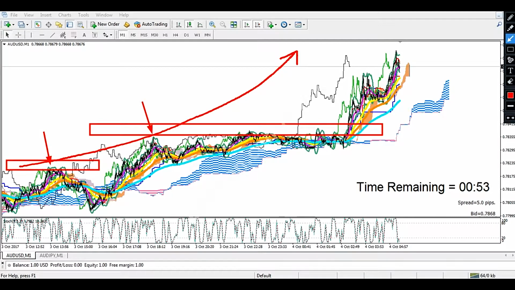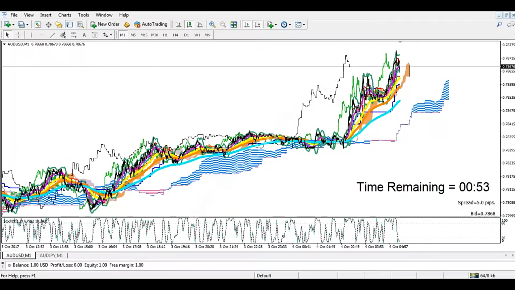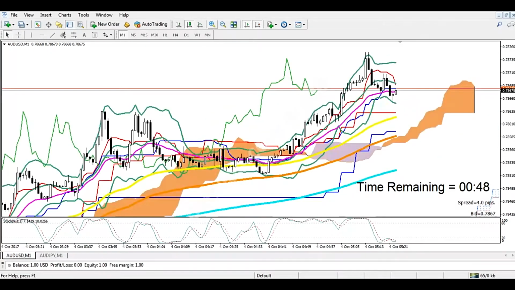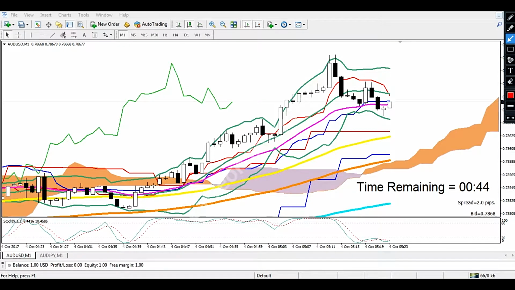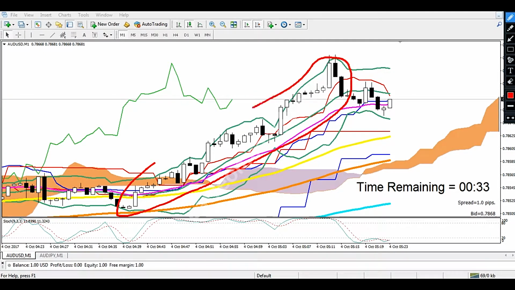So when you are in this kind of movements, especially when you see these small candles around here where they keep moving upwards and they don't stop anywhere, it is very dangerous to enter reversal strategy in here.